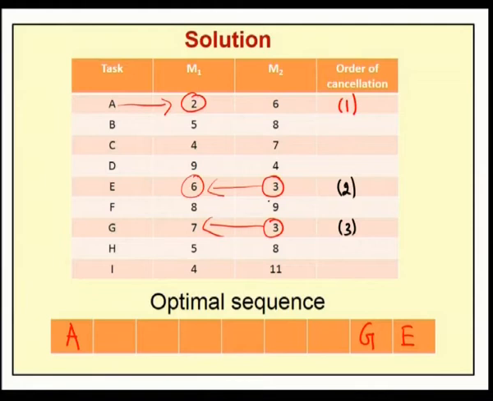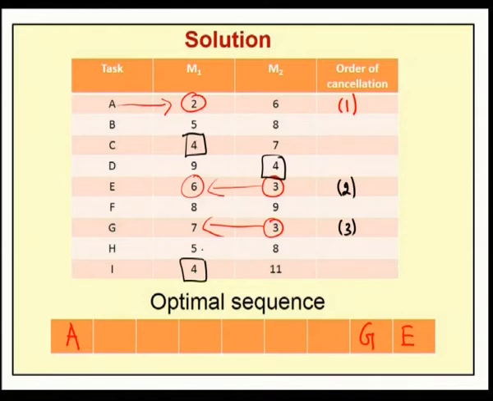So after selecting this, the next smallest is 4. But 4 occurs in 4 places, corresponds to the task C under machine 1, and corresponds to task D under machine 2, and corresponds to task I under machine 1. Now we look into these 4 corresponds to machine 1.